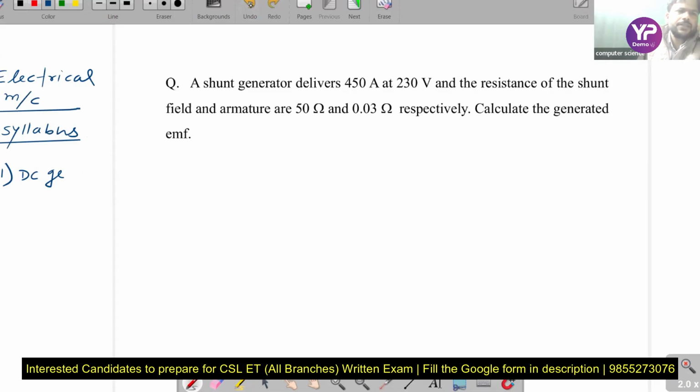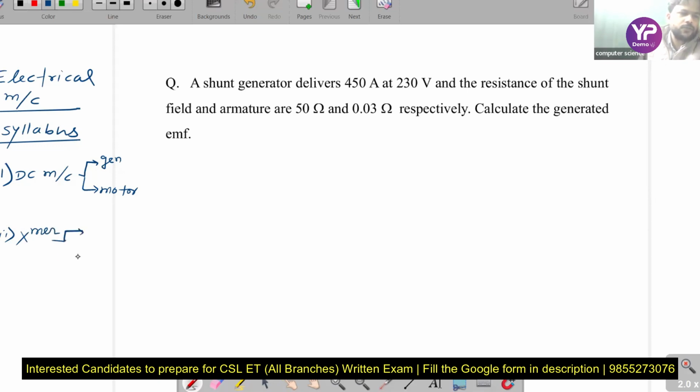DC machine has two parts, one is generator and the other is motor. Second, we cover transformer.